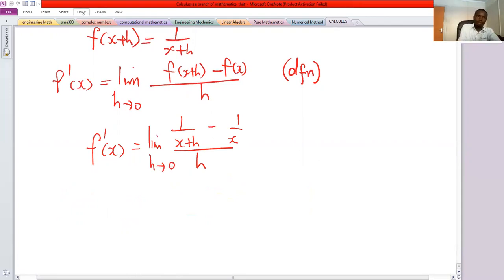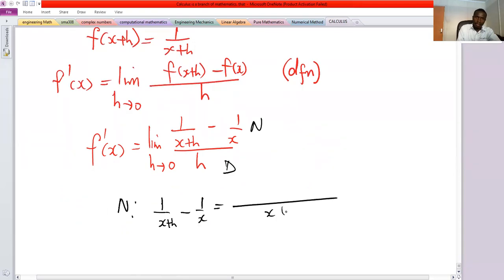So let's call this the numerator, and this the denominator. So numerator simplification, we have 1 over x plus h minus 1 over x. LCM is x into x plus h. So this will be x minus 1 into x plus h, which will be x minus x plus h over x into x plus h.